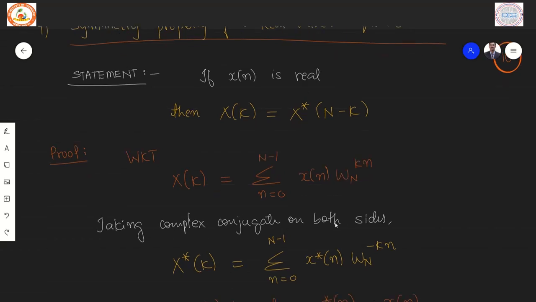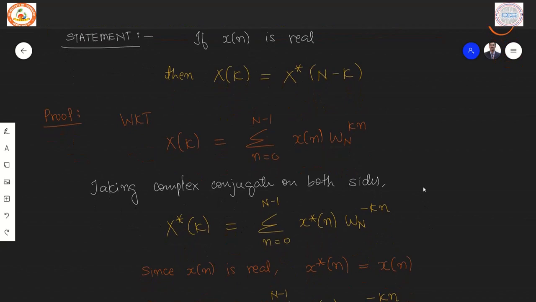Then, taking complex conjugate on both sides, now we know LHS becomes x conjugate of k because output may be complex, and on the RHS we can write x conjugate of n into Wn to the power of minus kn, which is the conjugate of Wn to the power of kn. Since we are aware that the input sequence is real, therefore x conjugate of n should be same as x of n.